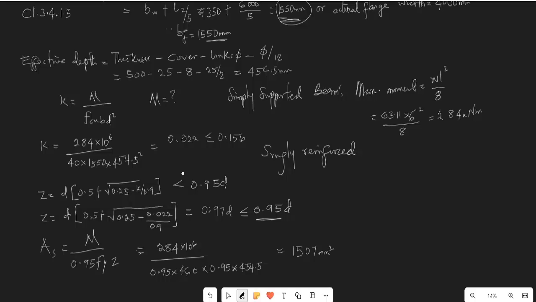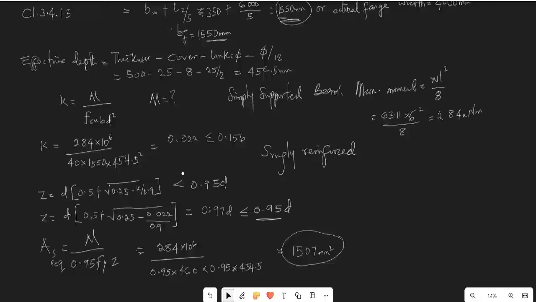Now, how do we provide against this value? This is the area of steel required. So if you're using, for example, Y25 that we started with, the area of one Y25 is 491 millimeter square.